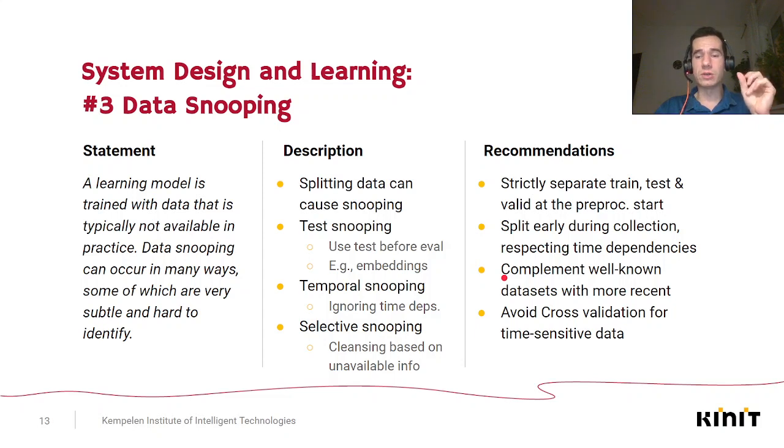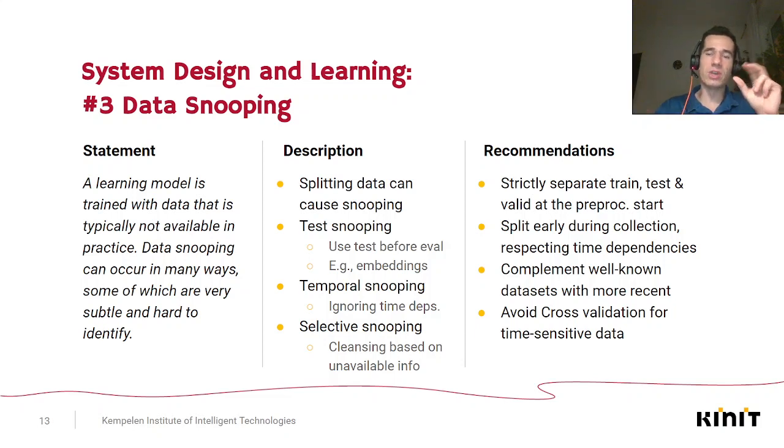When we use datasets that are not recent, that are older, we should complement them with more recent datasets, because older datasets could have some already known issues, and we as researchers want our model to achieve the best possible score.